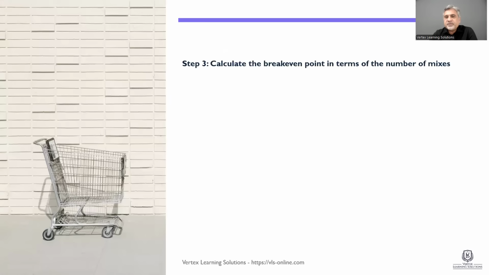Then we come to step number 3, calculate the break-even point in terms of the number of mixes. So how many mixes should you sell? Now, if you use a little bit of your imagination, remember fixed cost divided by contribution. Before I was doing fixed cost divided by contribution per unit, this time I'm going to do fixed cost divided by contribution per mix, because that is the total contribution per mix.